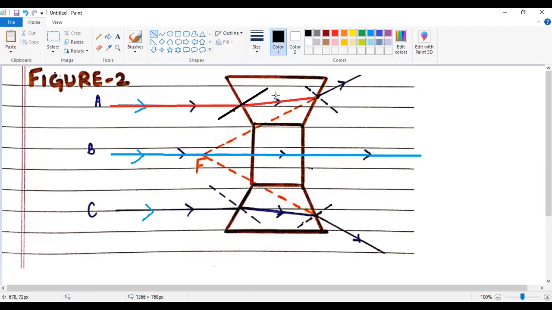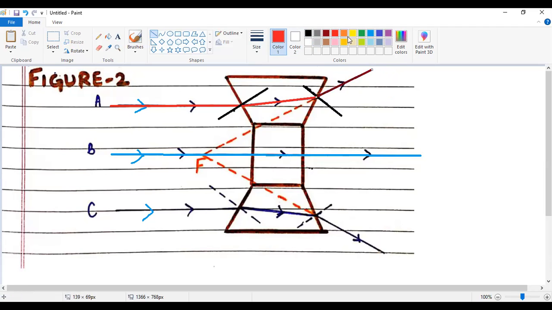And when this light is incident on the second face of the prism, then the light will further move away from the normal, since the light is going from denser to rarer medium.